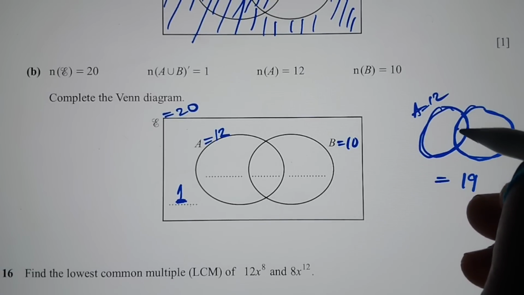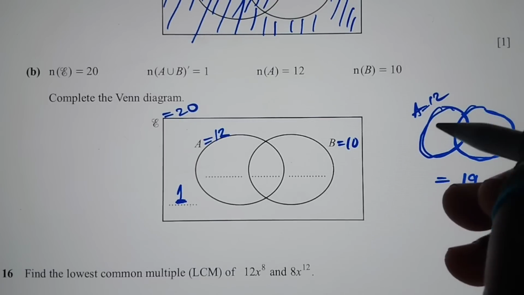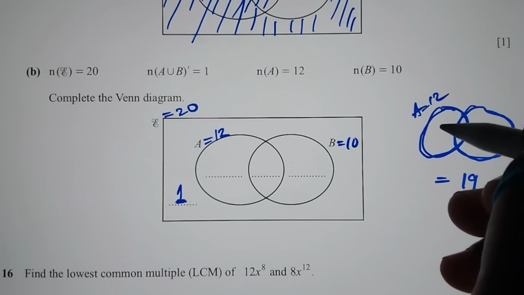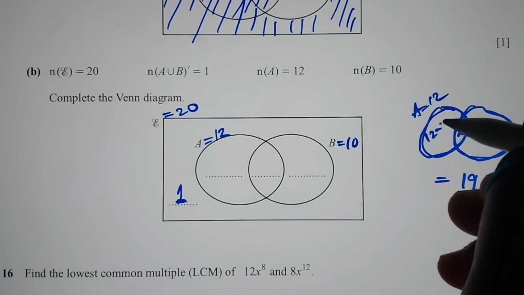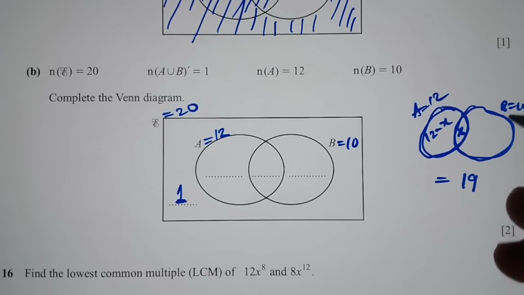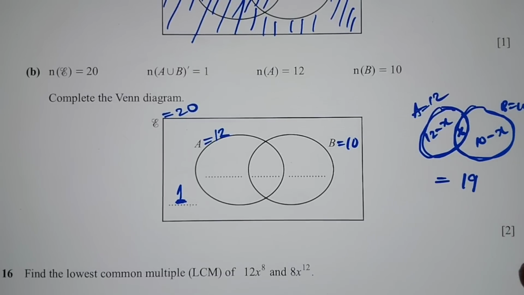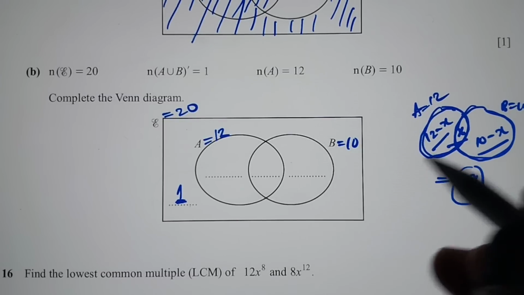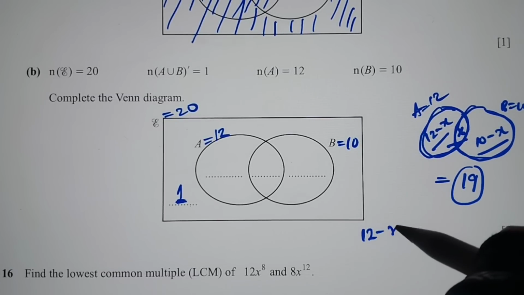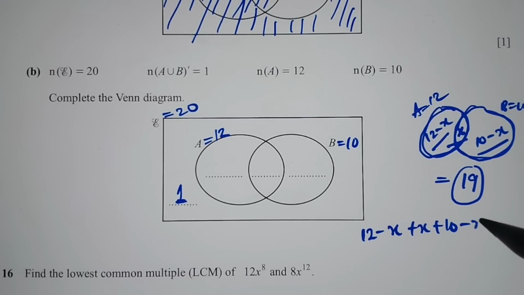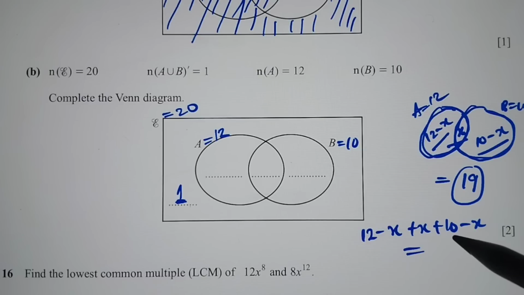So there is a common area here. If the common area is x, we fill up this place with 12 minus x and this place with 10 minus x. So we want to add up these three together and equate it to 19. So we have 12 minus x plus 10 minus x is equal to 19.